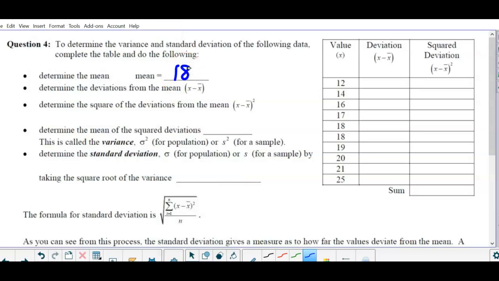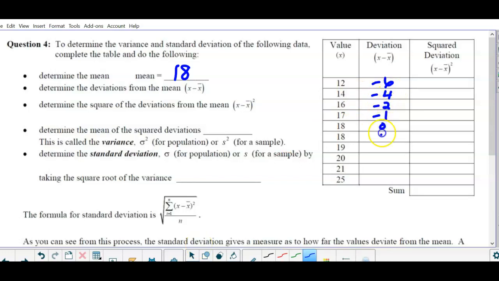Okay, and then it says determine the deviations from the mean. So basically you take 12 and subtract the mean. So 12 minus 18 is negative 6. 14 minus 18 is negative 4. 16 minus 18 is negative 2.